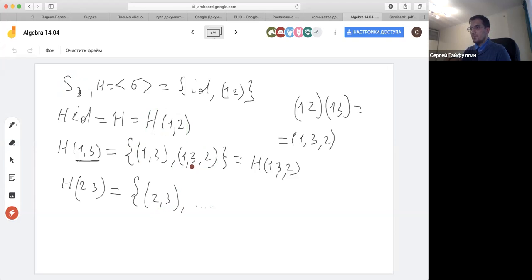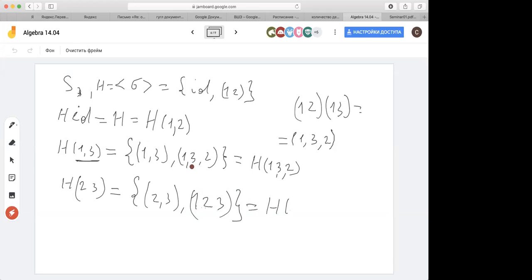The last element is 1, 2, 3. There are 6 elements in S3, so the last is 1, 2, 3, and it must be here. And this left cassette equals h multiplied by 1, 2, 3.